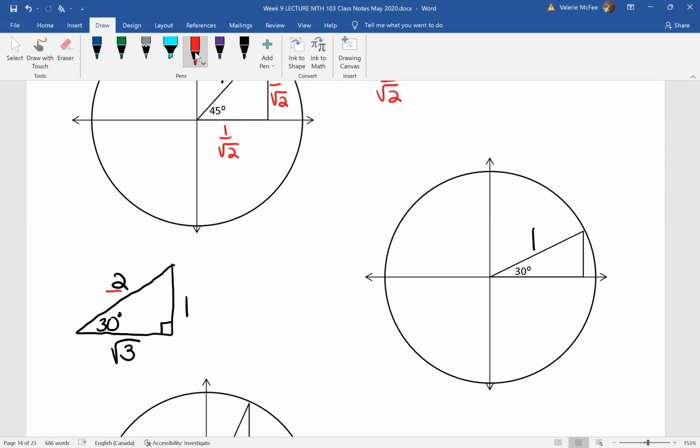We have to divide every side by 2. So we have x equals √3 over 2, y equals 1 over 2, and we have this point on the unit circle, x and y.